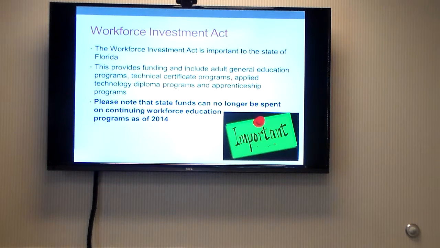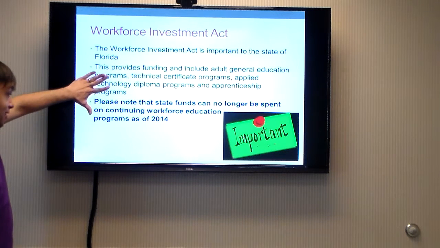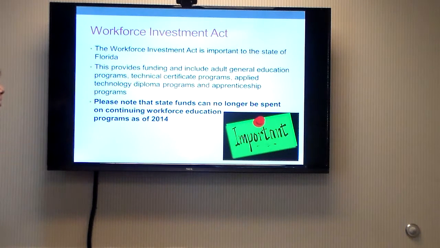To go back, state funds can no longer be spent on continuing workforce education as of 2014. That was a change, and that's kind of changed how we address funding issues in the state for career and technical school and workforce.